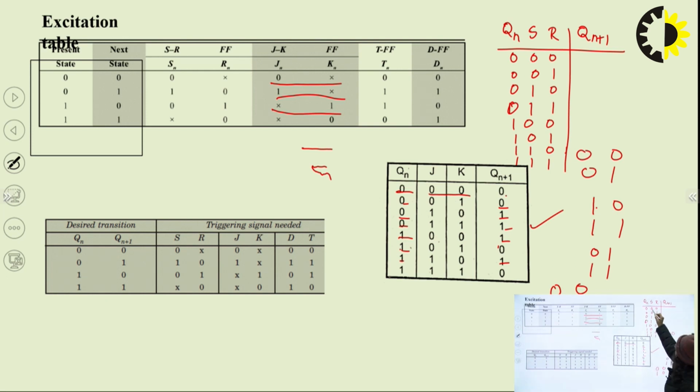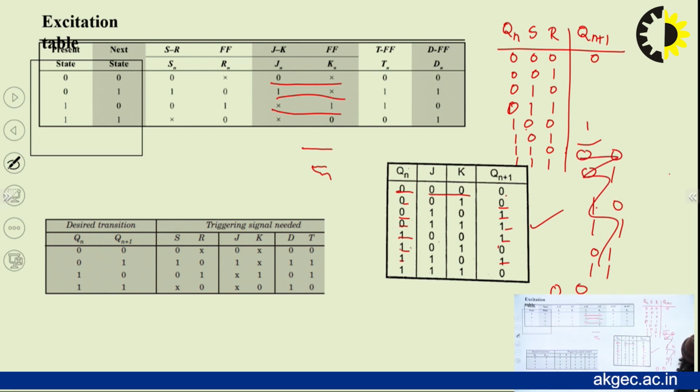For 0 0, if previous state is 0, next state is 0, and if previous state is 1, next state is 1. For 0 1, next state 0. For 1 0, next state is 1, and for 1 1, don't care.